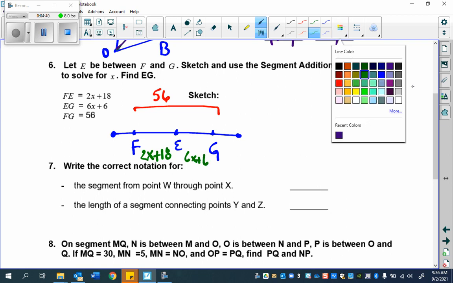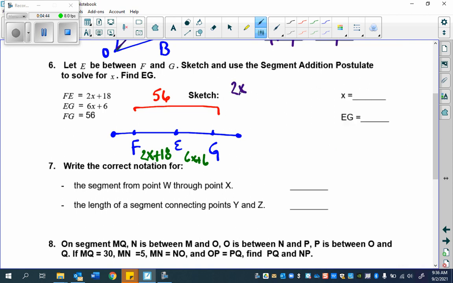So my equation that I end up using is going to be 2x plus 18, which is my distance from F to E, plus 6x plus 6, which is my distance from E to G, that's going to be equal to 56.